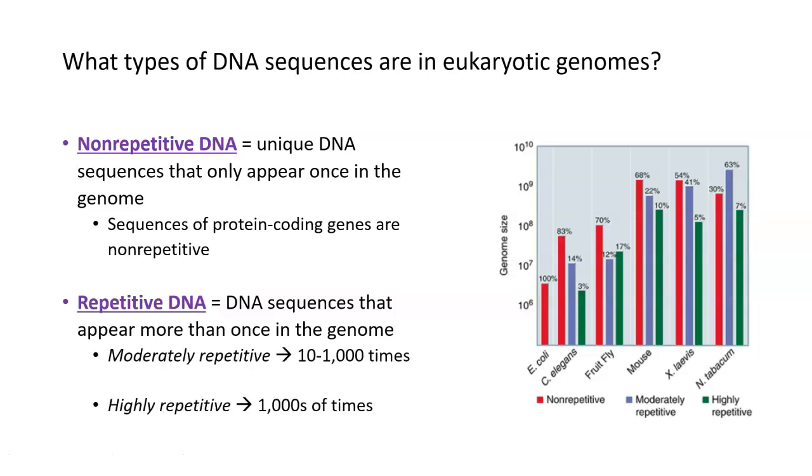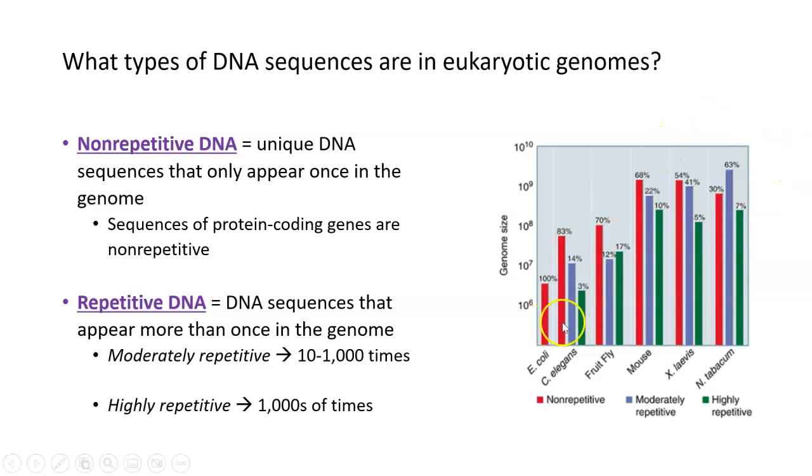And so there's like two different types of repetitive DNA. There's some that's considered moderately repetitive, where you might see it 10 to 1,000 times within a single genome. And then highly repetitive would be a DNA sequence that's repeated thousands and thousands of times.